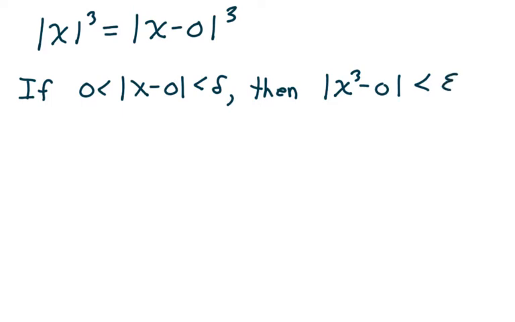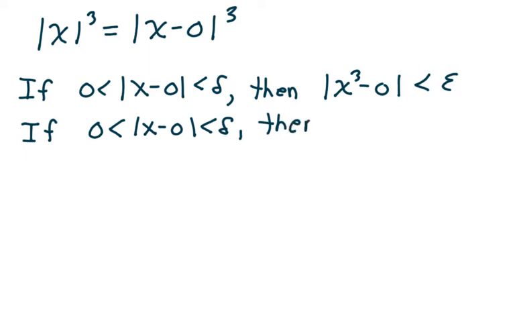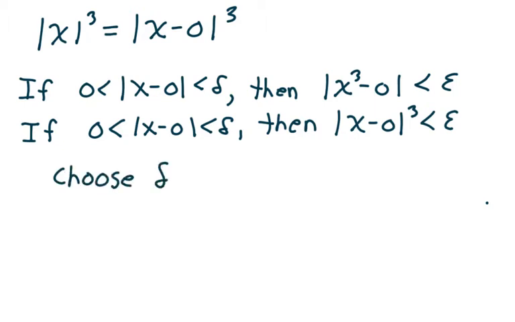But what that says is, if 0 is less than x minus 0 is less than delta, then the absolute value of x minus 0 to the third is less than epsilon. And this actually gives us a suggestion on what we should choose. So we should choose delta to be, basically, I'm going to take the cube root of both sides.